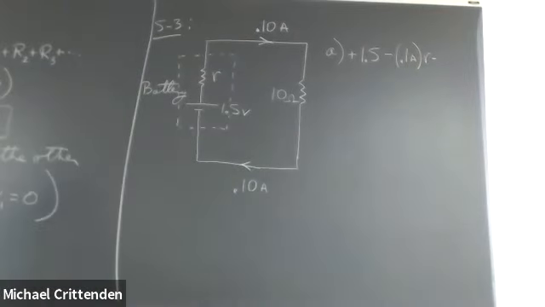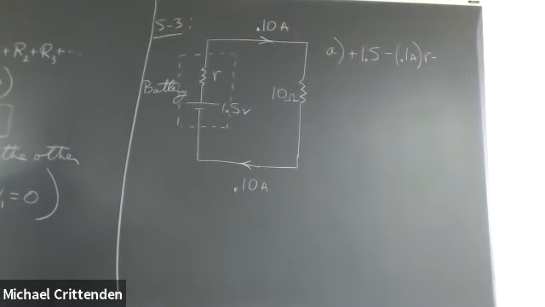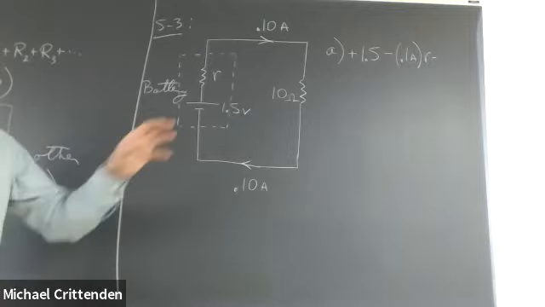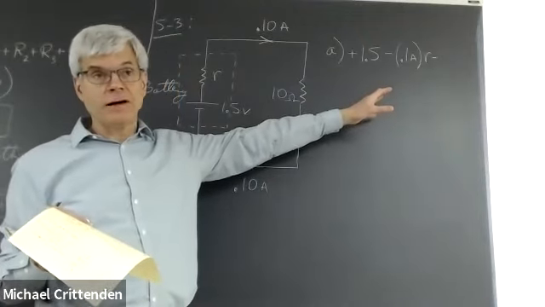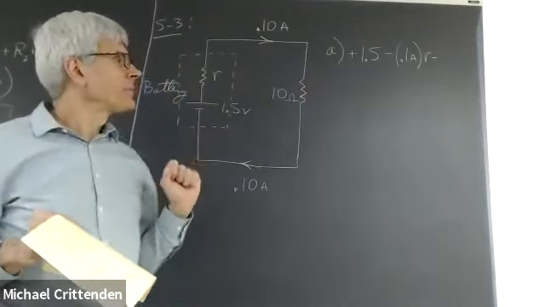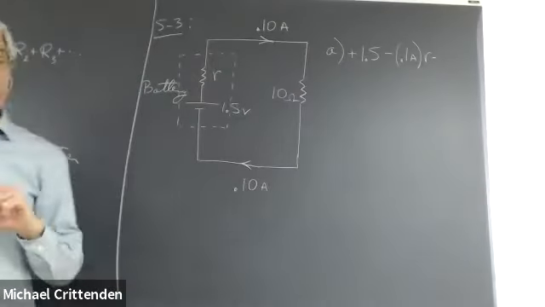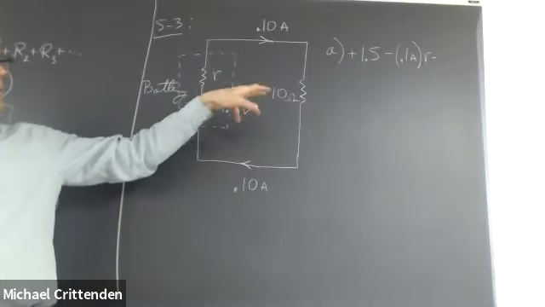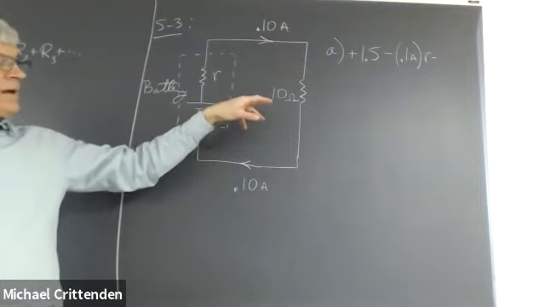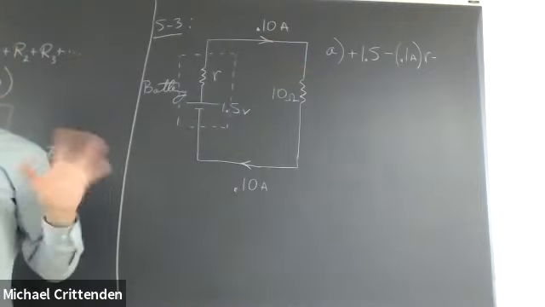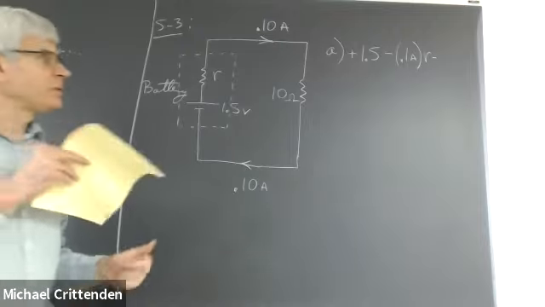remember, Kirchhoff's loop rule is about voltages. It says the summation of the voltages around a closed loop is 0. So each term should be a voltage. The voltage across a resistor is given by Ohm's law, I times R. Sometimes I see people write these equations and they'll just have the 0.1 amps without the R, or they'll just have the 10 ohms without the I, or something like that. Each term is a voltage.